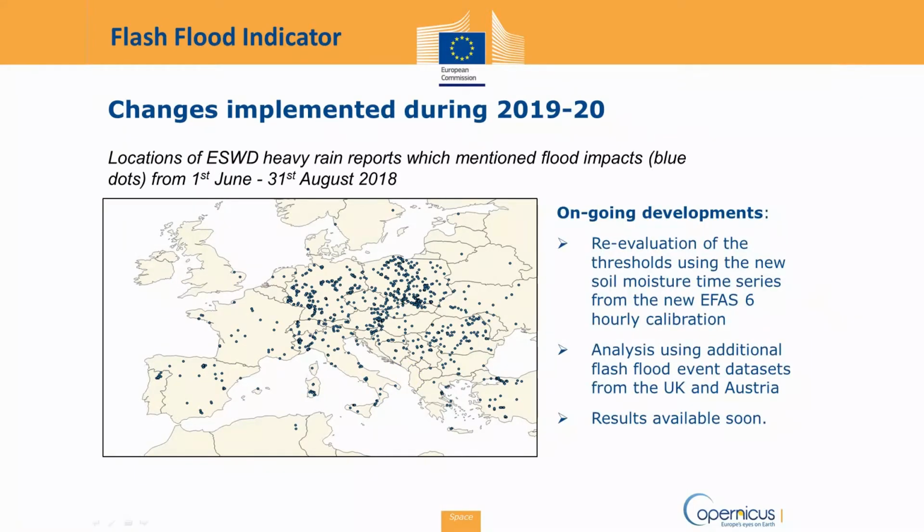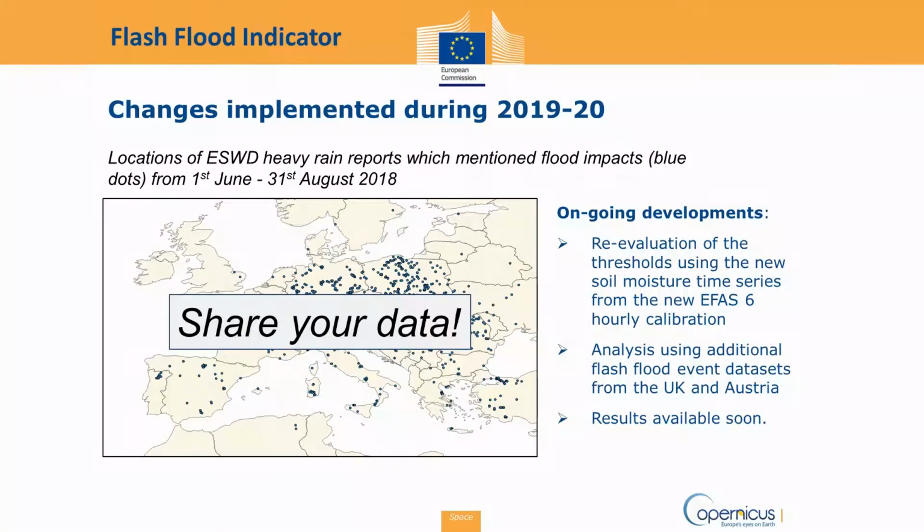So therefore the analysis is being redone for a number of reasons. The first reason is because we are soon going to release the EFAS 6-hourly calibration, and therefore it's necessary to re-evaluate the thresholds using the soil moisture time series from the 6-hourly calibration, but also using additional flash flood events will improve the analysis, and this is being done at the moment for the UK and for Austria, and these results will be available soon.